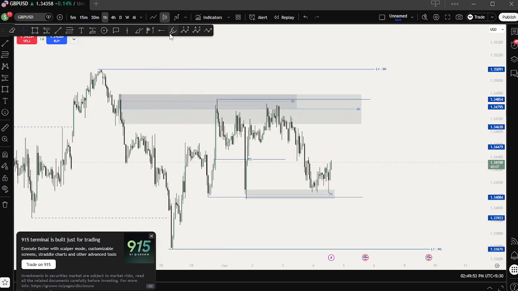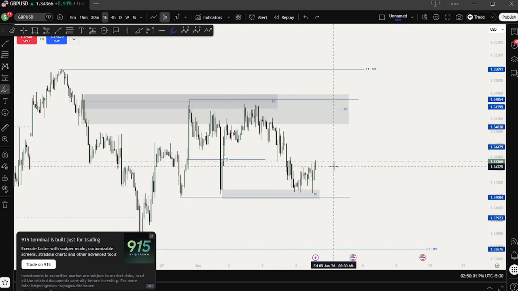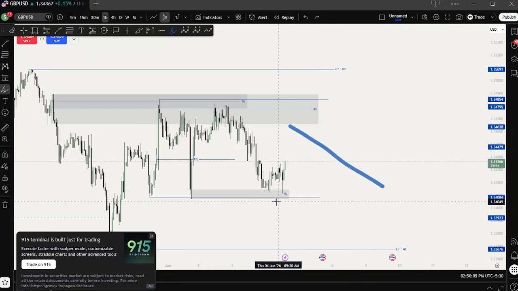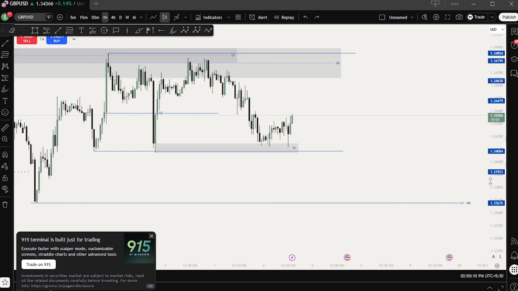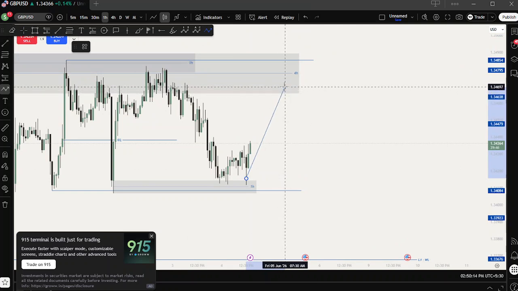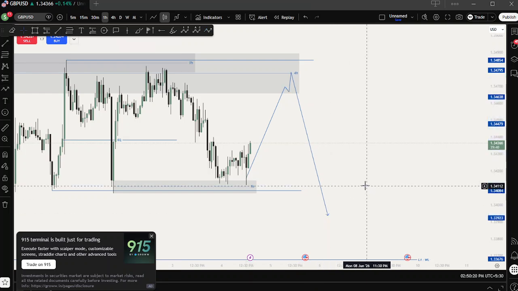We have this range right here from where the buyers and sellers are deciding what to do, but currently I am more inclined to expect the sellers to win and violate this level. For that to happen, the first scenario is price goes all the way up, mitigates this POI or this POI deeper, and then falls.